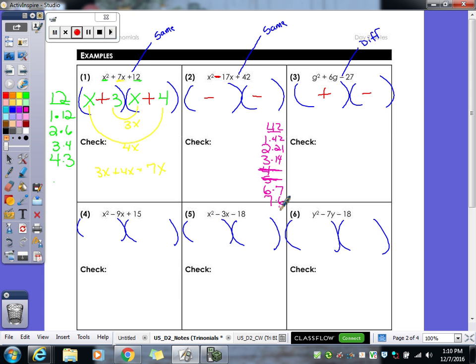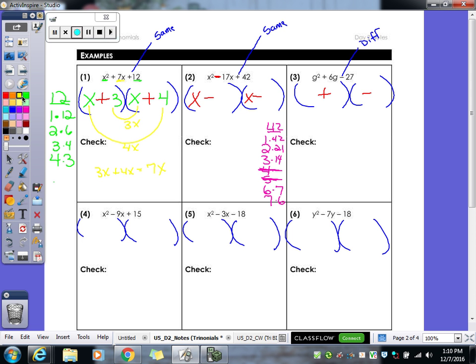Now we've got to do our first term. What times what gives me x squared? That's going to be x times x. For 42, I want to know which one of these combinations is going to either add or subtract to give me 17. This time it'll be adding to give me 17. Which ones are going to add to give me 17? 3 and 14. And that's easy when you have your list here to look at.